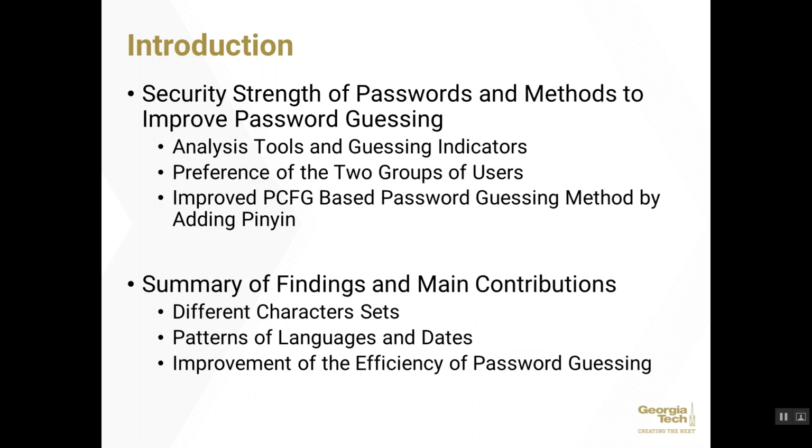Then it gives security strengths of passwords and methods to improve password guessing, including analysis tools and guessing indicators, preference of the two groups of users, and an improved PCFG password guessing method by adding pinyin. Finally, we summarize the findings and main contributions, including different character sets, patterns of languages and dates, and improvement of the efficiency of password guessing.